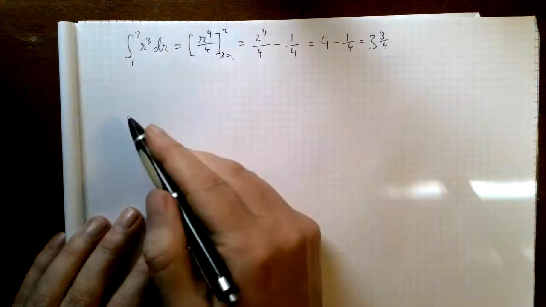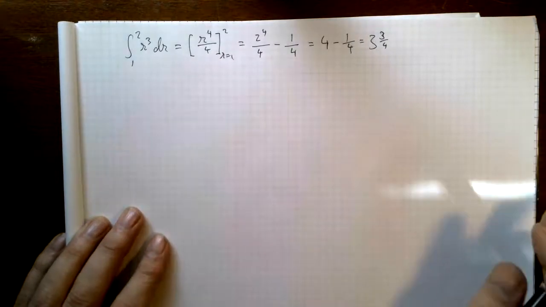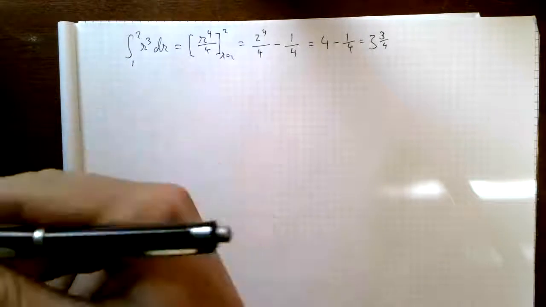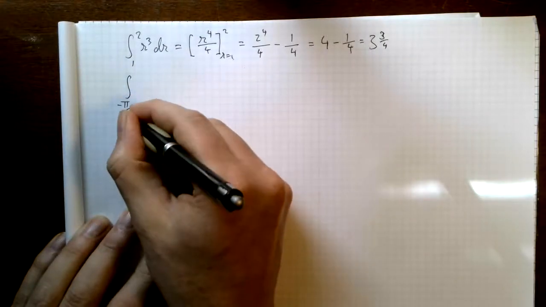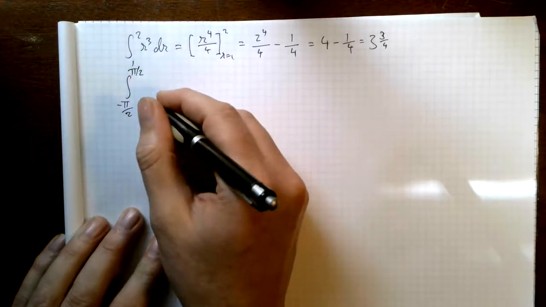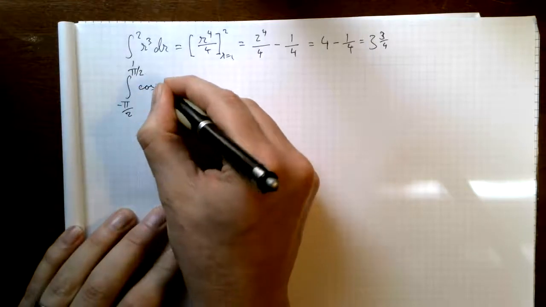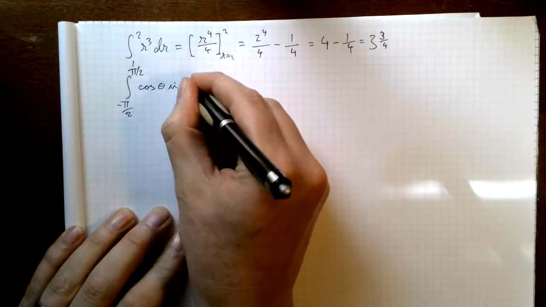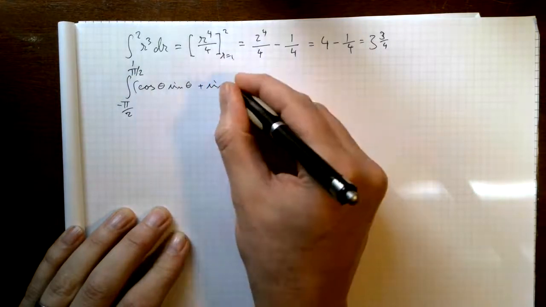All right. So now for the other one, we have minus pi over 2 to pi over 2, and now we had cosine sine plus sine squared.